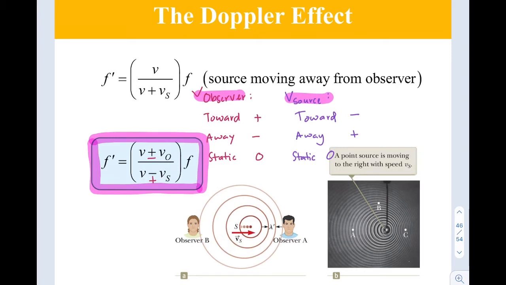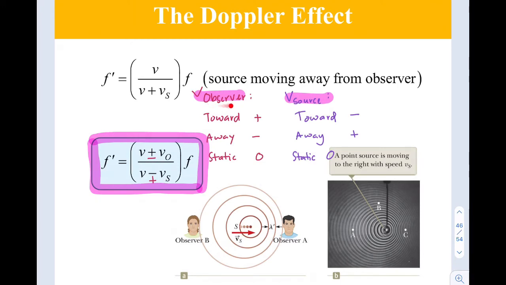So how do we select whether the sign for v observer and v source is positive or negative?